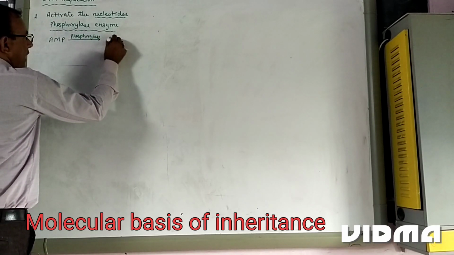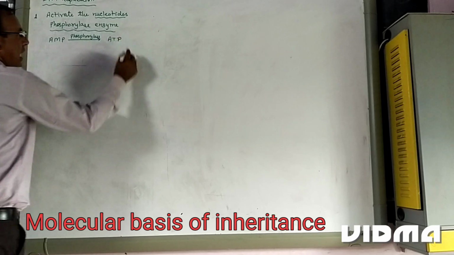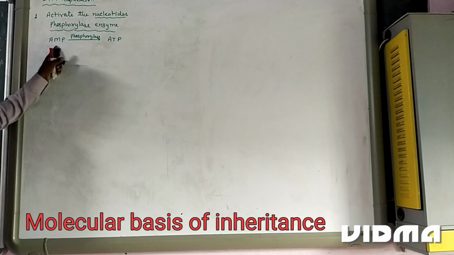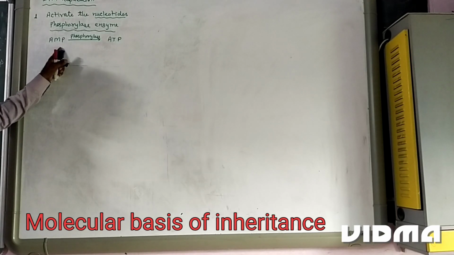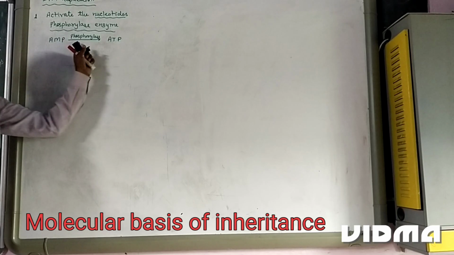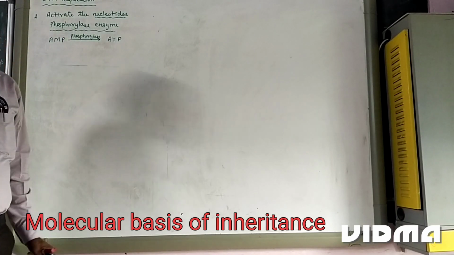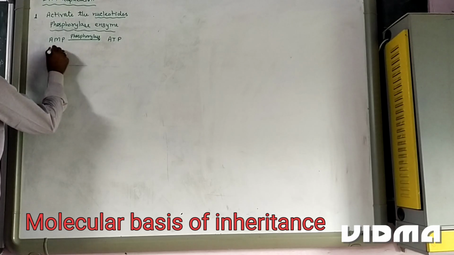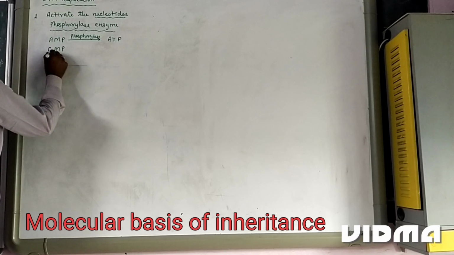It changes into ATP, adenosine triphosphate. Adenosine monophosphate contains only one phosphate molecule, and when it changes into triphosphate, the phosphorylase enzyme makes two more phosphate molecules.